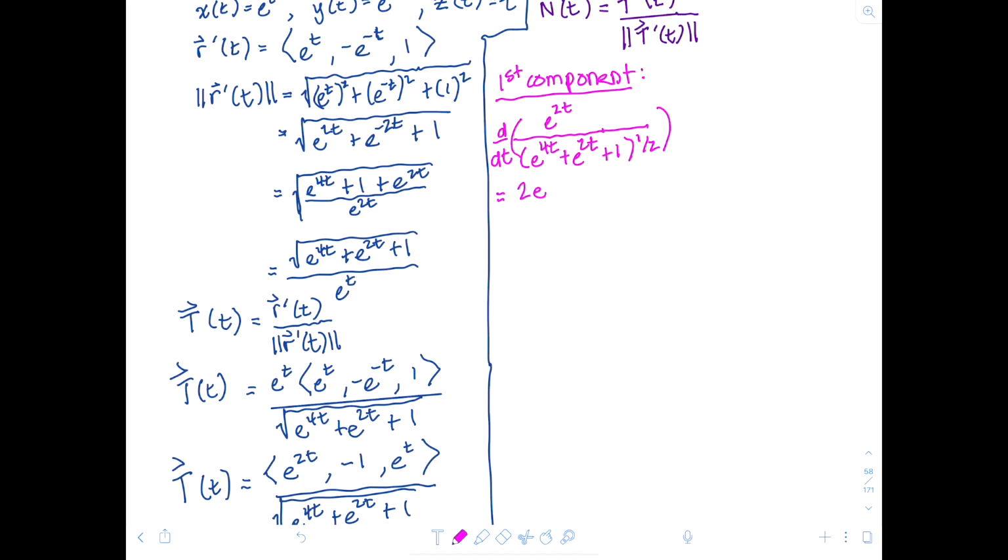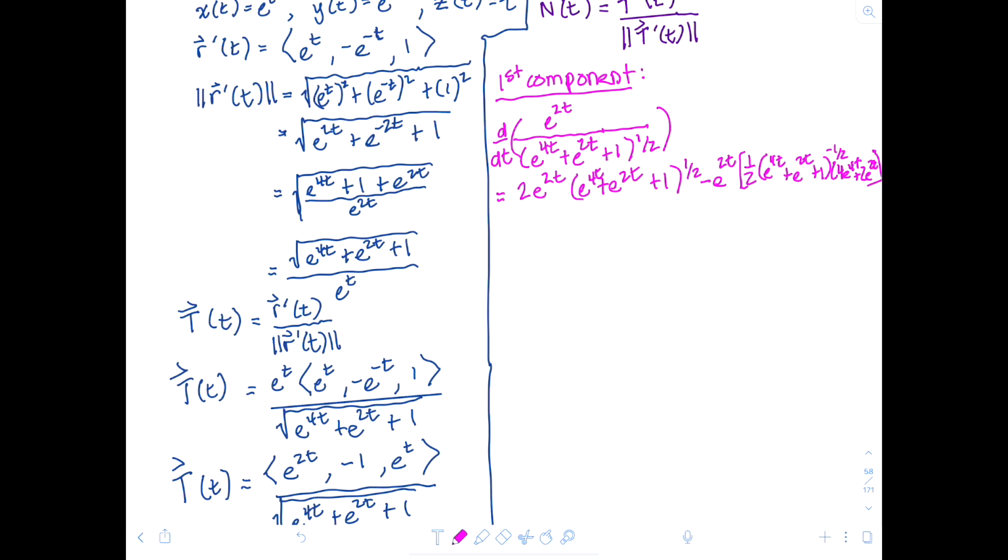We're going to get 2e to the 2t times e to the 4t plus e to the 2t plus 1 raised to the 1/2, minus e to the 2t, and then using the chain rule, 1/2 times e to the 4t plus e to the 2t plus 1 to the negative 1/2, and then times 4e to the 4t plus 2e to the 2t.